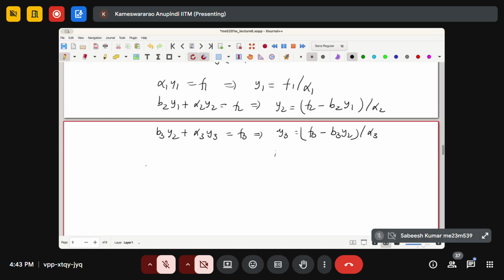So what we can do is generalize this. You need to calculate y1 equals f1 by alpha 1. That is the pseudocode.